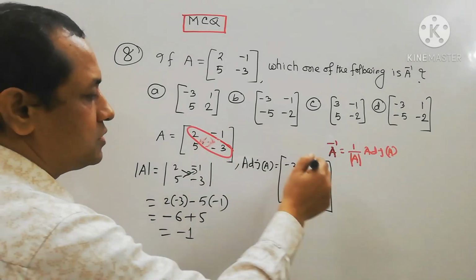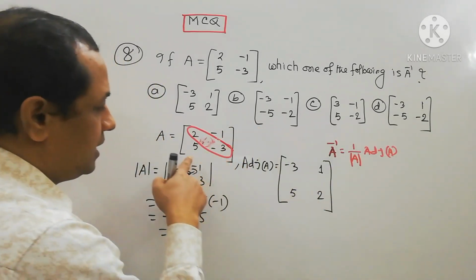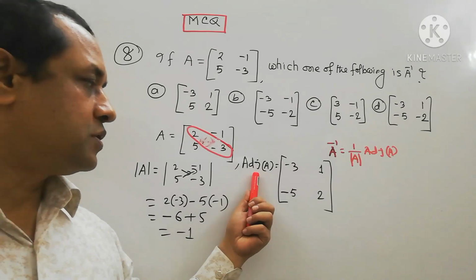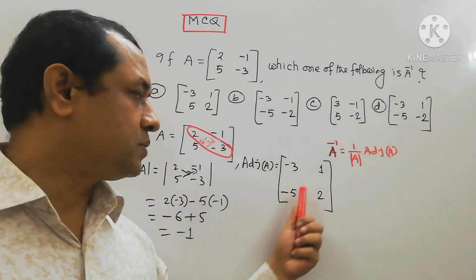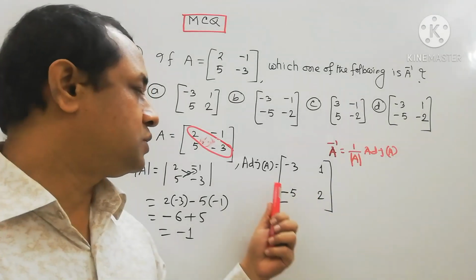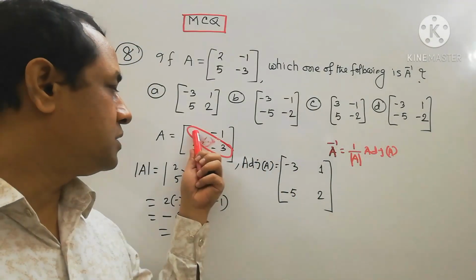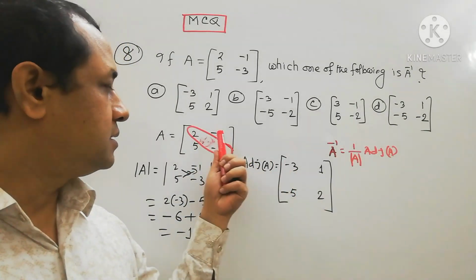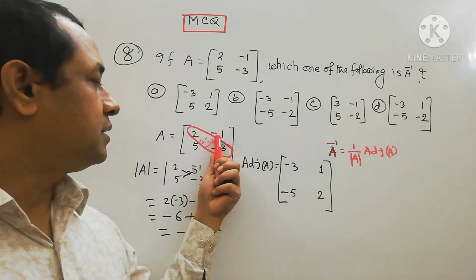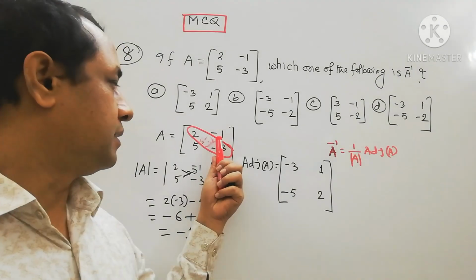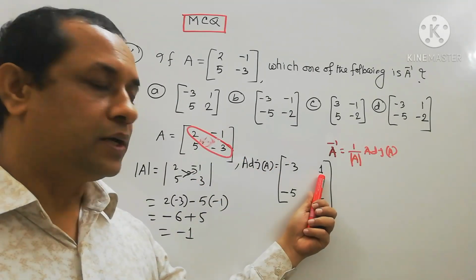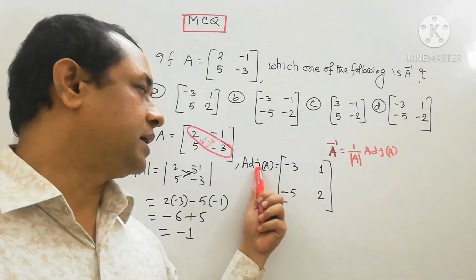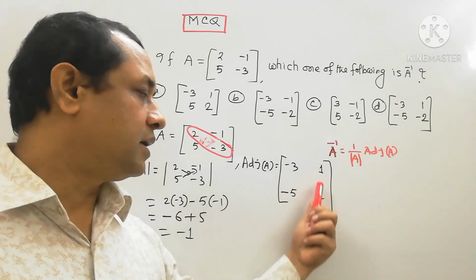Here minus 1, so 1 is plus, and 5 is plus, so 5 is minus. I say again student, for the adjoint of A, interchange the entries of the principal diagonal. Here 2 minus 3, so we write minus 3, 2, and change the sign. Here minus 1, so 1 is positive, and 5 positive, so here 5 is negative. So the adjoint of A is minus 3, minus 5 and 1, 2.